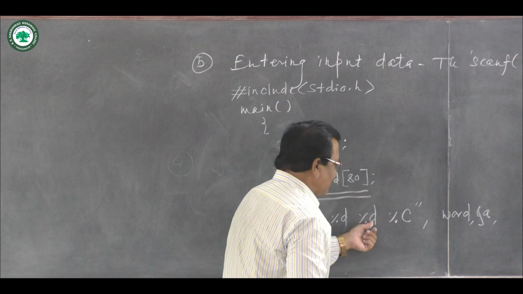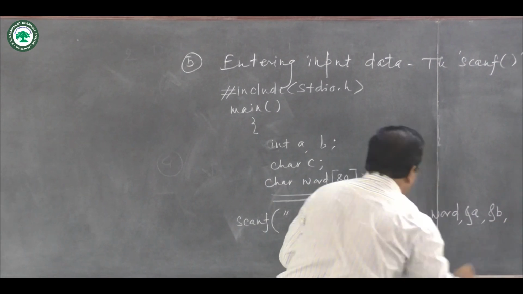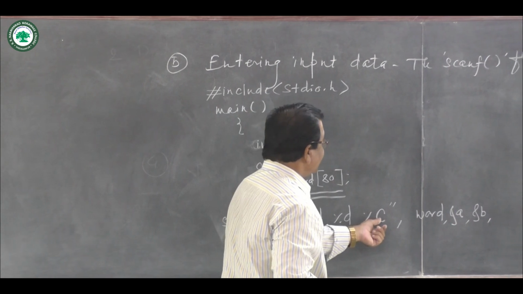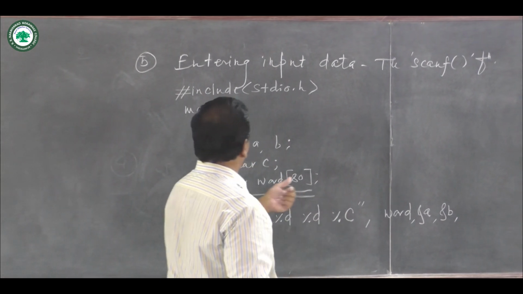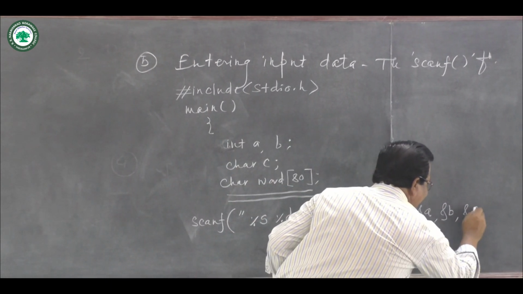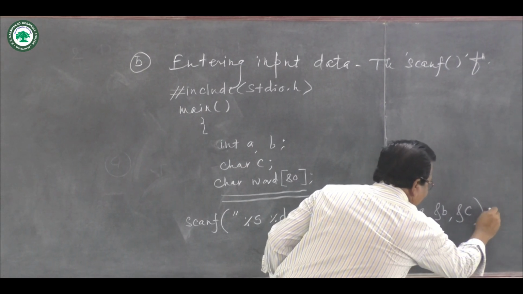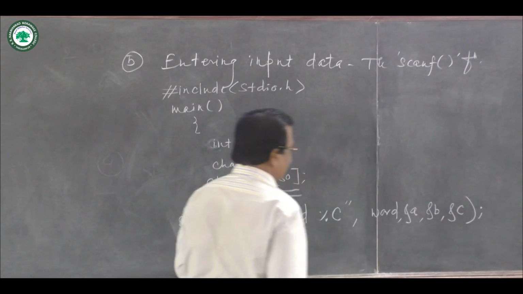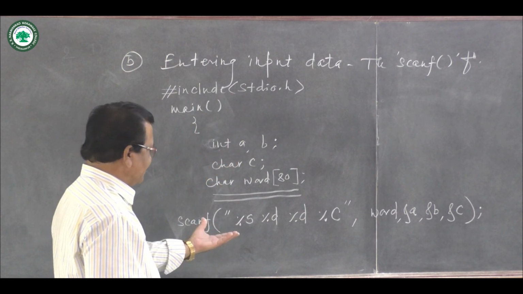Corresponding to this second %d, the decimal integer &b, comma, and then corresponding to this conversion character for a single character, I have the character c, so &c, and then parenthesis complete and semicolon. This is the scanf function.